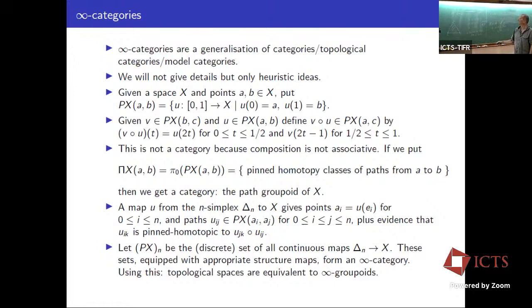An infinity category is defined to be a simplicial set with those properties, and an infinity groupoid is defined to be a simplicial set with some extra properties, and then it works out that this PX is going to be an infinity groupoid. This construction is supposed to give you an equivalence in some appropriate sense between the homotopy theory of topological spaces and the theory of infinity groupoids.